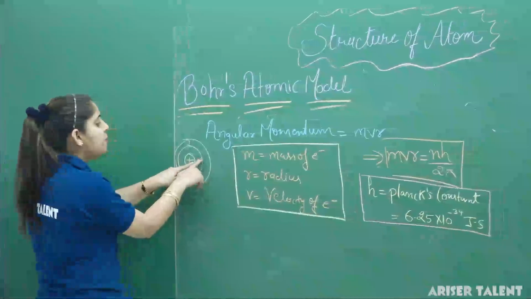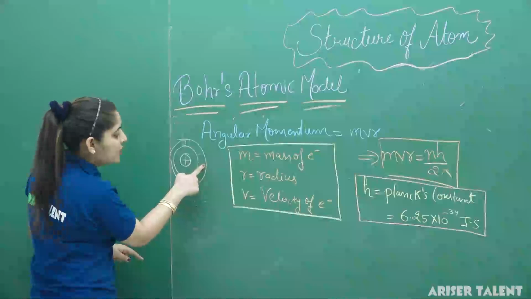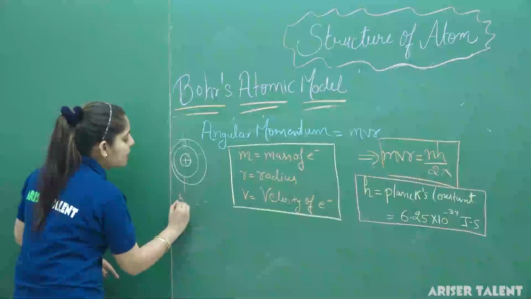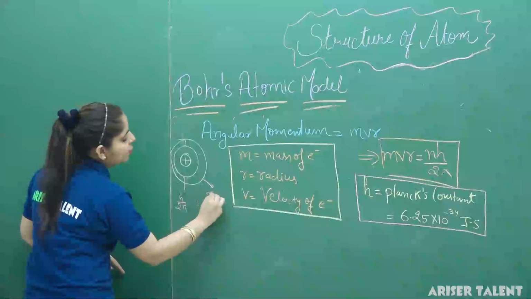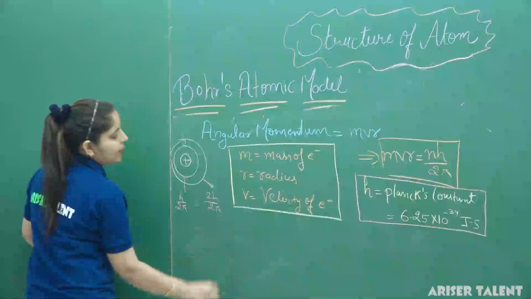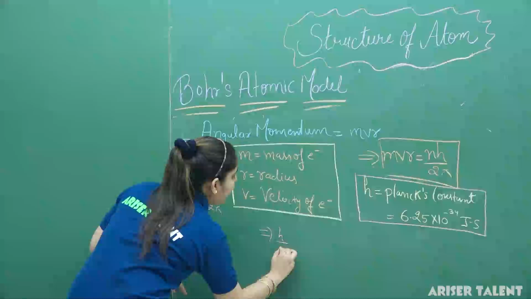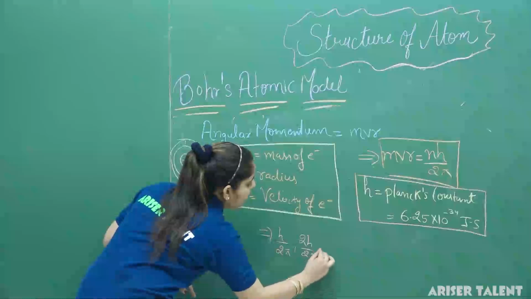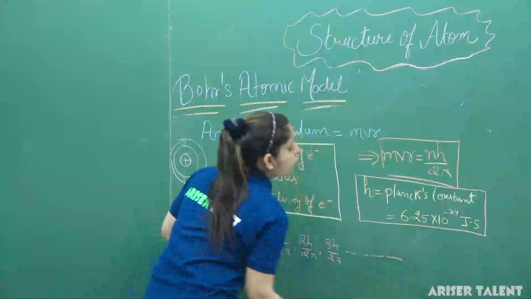If I consider the first shell, it must be equal to h upon 2 pi. If I talk about the second shell, it must be 2h upon 2 pi. So for the first shell it is h upon 2 pi, for the second shell it is 2h upon 2 pi, then 3h upon 2 pi, and so on.